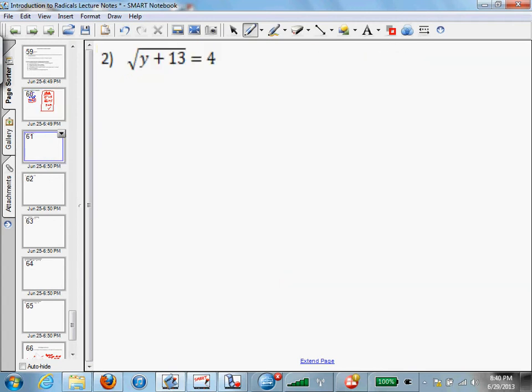Looking at example 2, again the inverse operation of the square root, to get the variable inside away, would be to square both sides of the equation. What we do on one side, we have to do on the other.